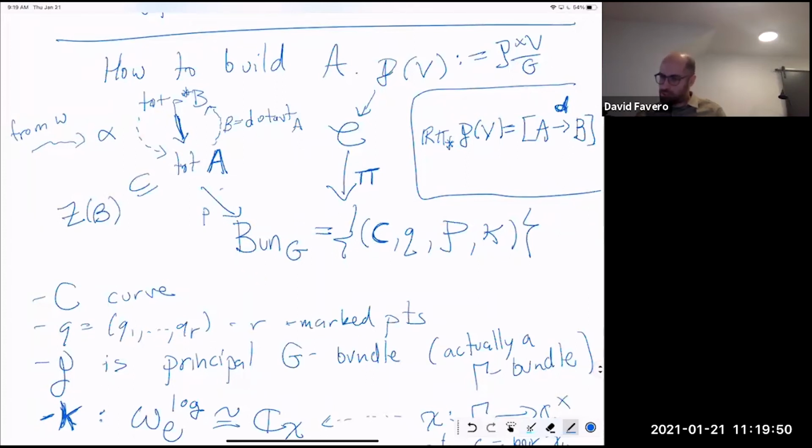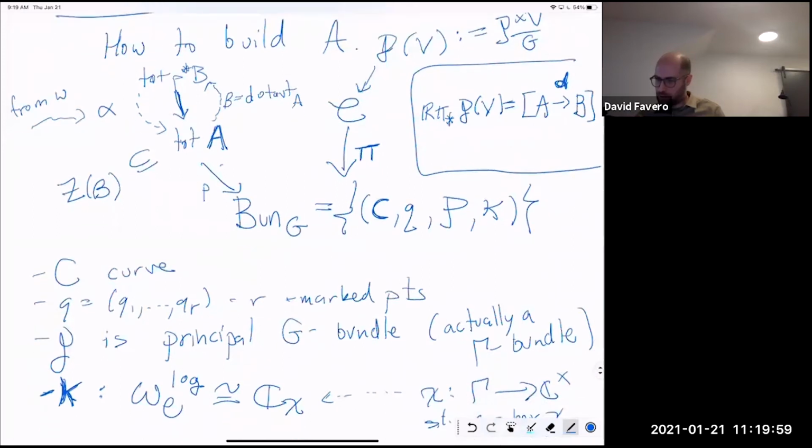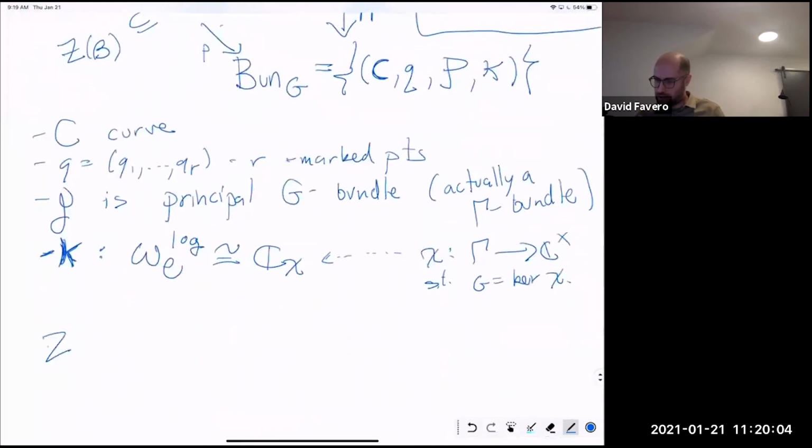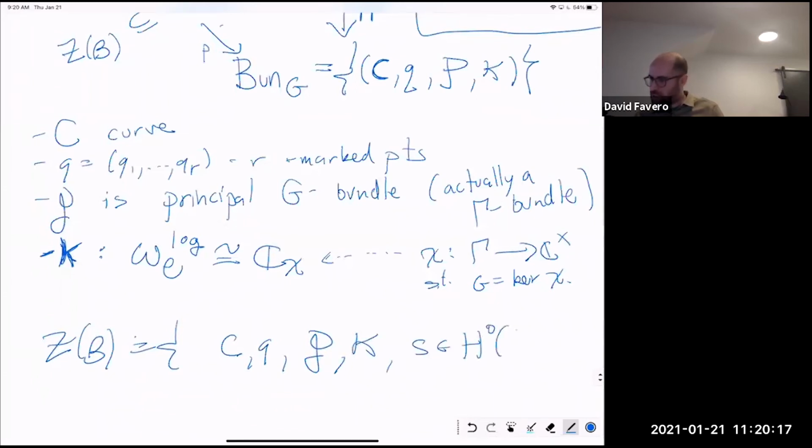The zero set of beta becomes the data of C, Q, kappa, and also a section of this bundle, because the zero set of beta corresponds to sections of A which vanish, which is H^0 of this bundle.